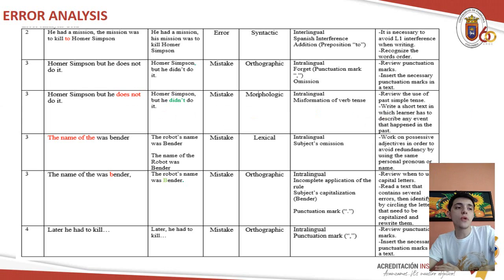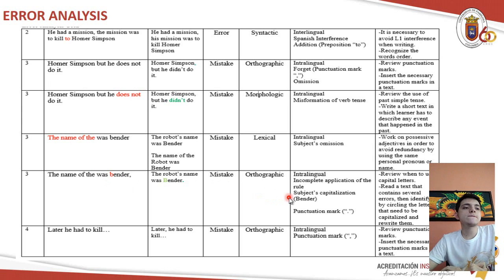In the same third line, he wrote, "the name of the was Bender." The error correction is "the robot's name was Bender." So this is a mistake because he already knows how to use capital letters and punctuation marks. So for that, the classification is orthographic, and the source of it is intralingual, and the incomplete application of the rule, because of the missing capital letter, the subject's capitalization, Bender with B, and the punctuation mark, which is the period.